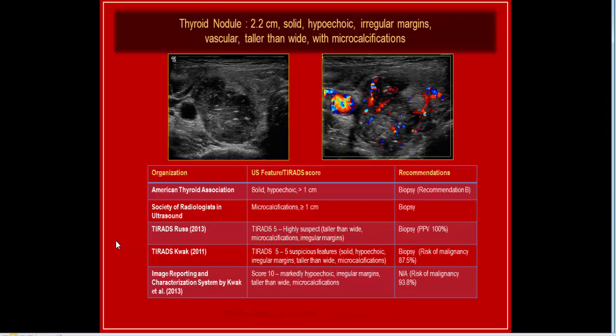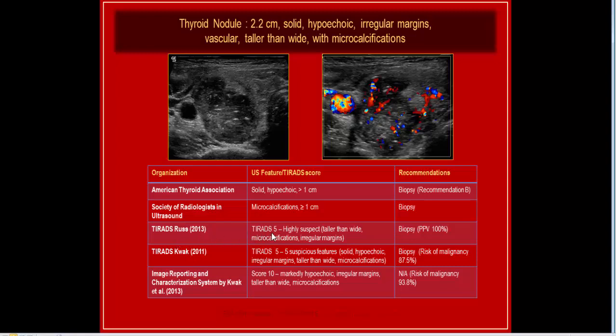This is another example of thyroid nodule 2.2 centimeter, solid, hypoechoic, irregular margin, vascular, taller than wide, microcalcification. All these are features of malignancy which we talked about. American Thyroid Association: solid hypoechoic more than 1 centimeter, recommend biopsy. Society of Radiologists: microcalcification, 1 or equal centimeter, biopsy.